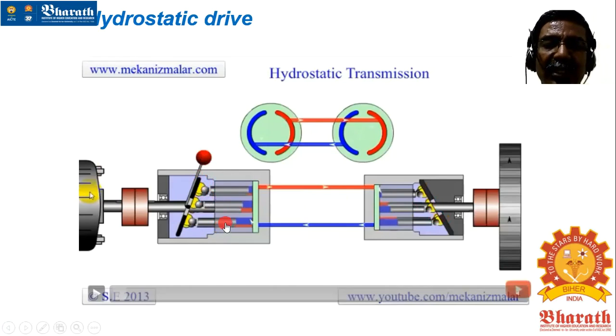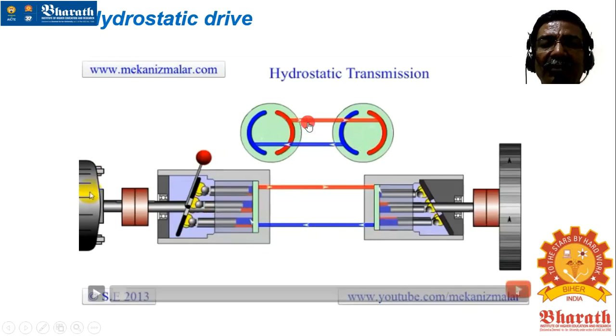If you change this one, you can set and change the angle of the swash plate. Then the next point is, you see it has a number of plungers, or I can say a piston. Here also you have pistons, here also you have pistons. The number of pistons may be 6, 8, 9, 10, 12 or something. Again, this particular segment shows how the hydraulic fluid is being pumped by the pump, and how it returns from the motor.